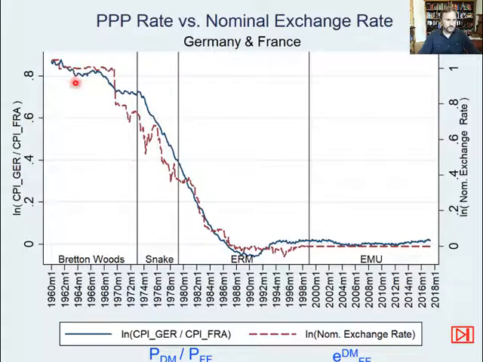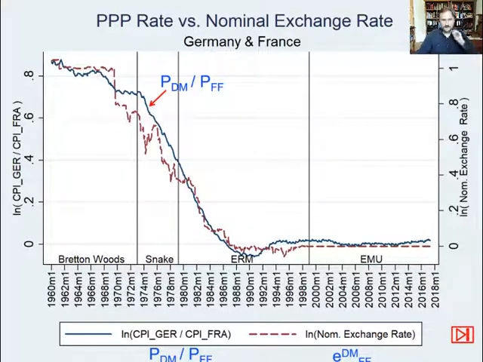The continuous blue line, this line here, equals the purchasing power parity exchange rate. Both rates, the nominal exchange rate and the purchasing power parity exchange rate, have the dimension Deutsche Mark over franc français. So this diagram uses the inverse dimension we have used so far.